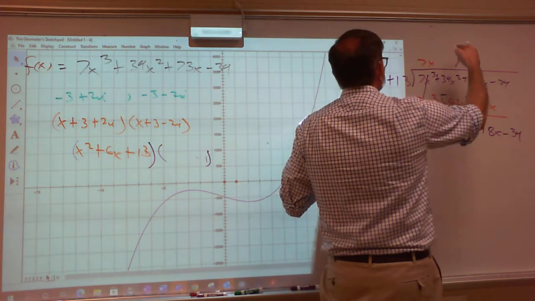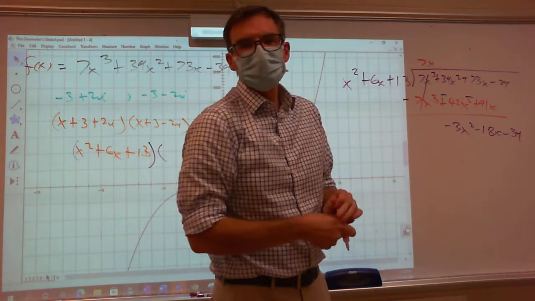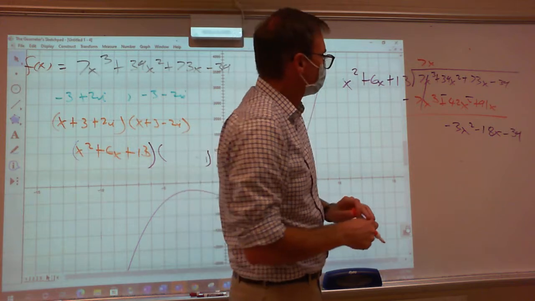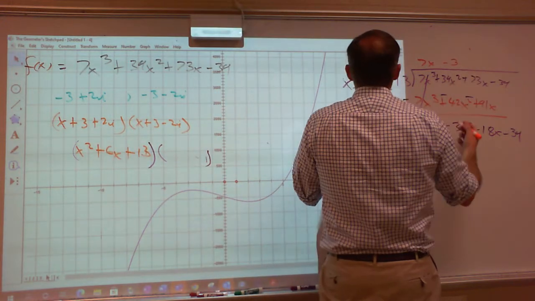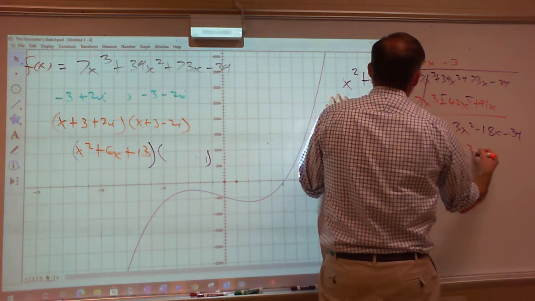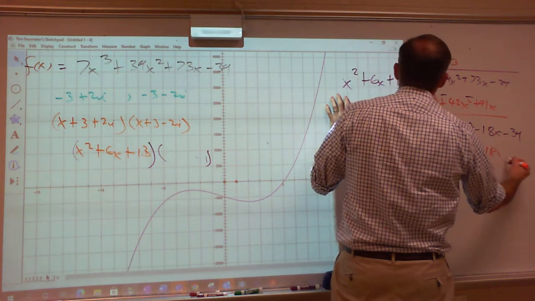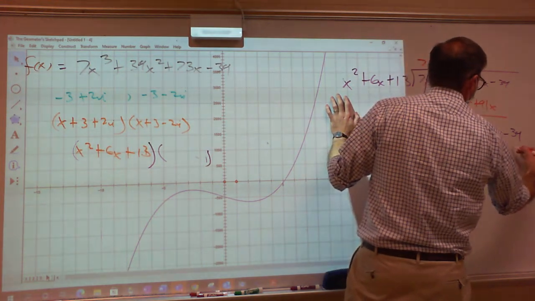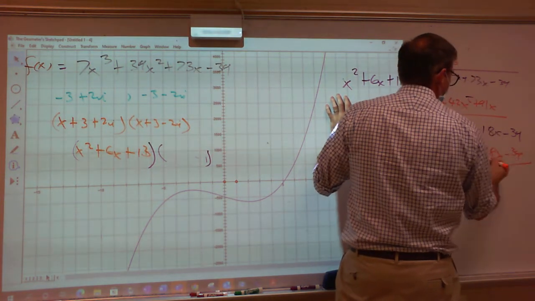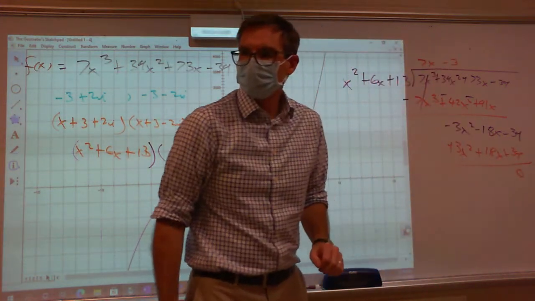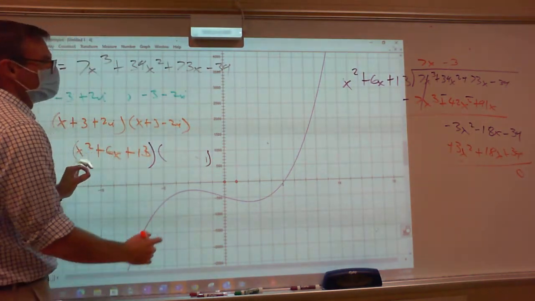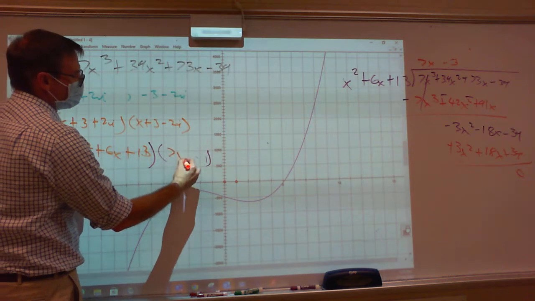And what goes here so that this times this exactly equals negative 3x squared? Negative 3. So I end up with negative 3x squared minus 18x minus 39. Look, we get a 0! This man's a math magician.